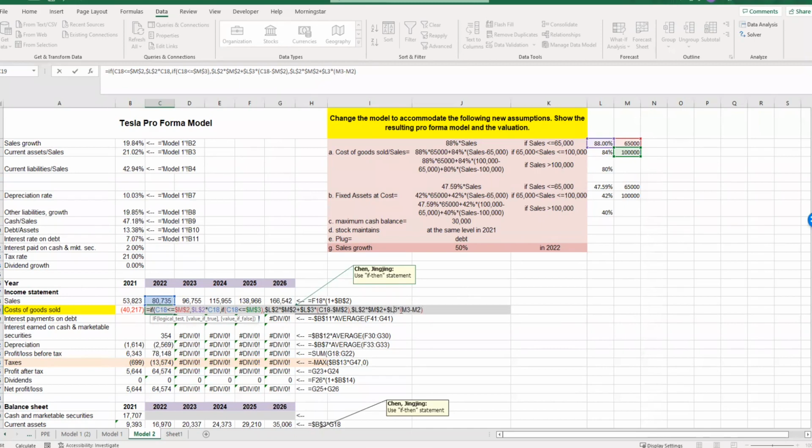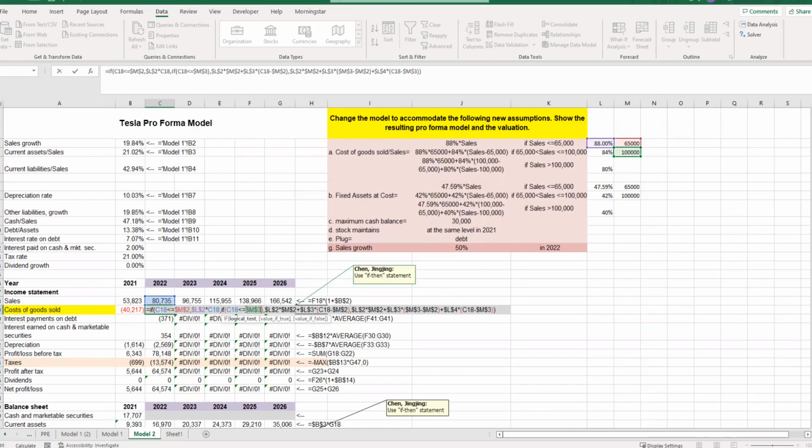Fix it. Plus 80 times sales minus 100. Close the bracket. Okay, so let me check the bracket.